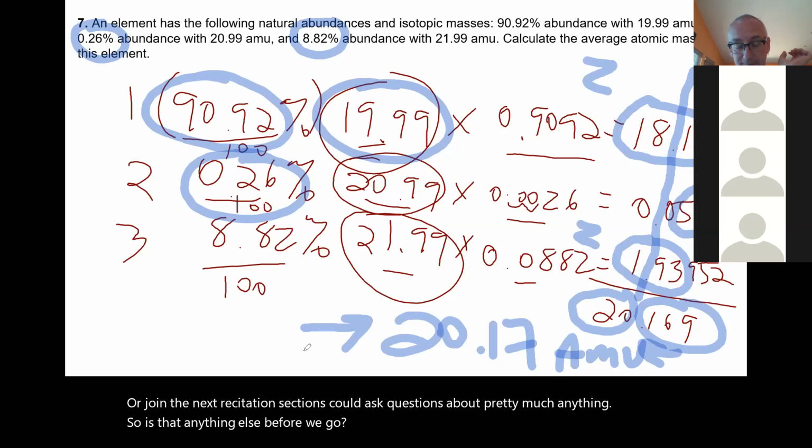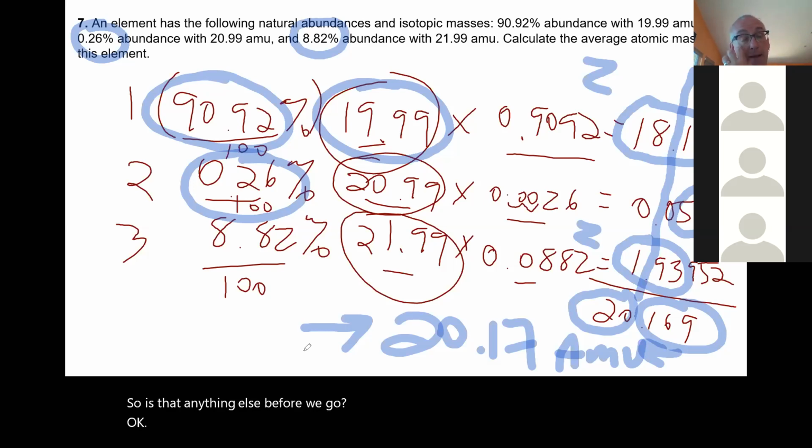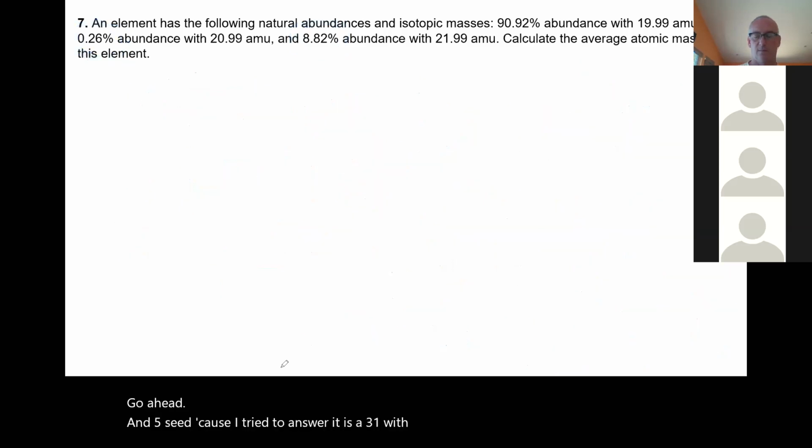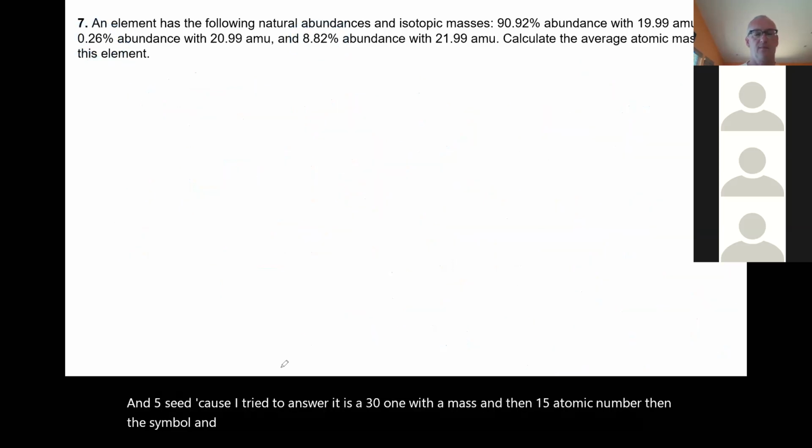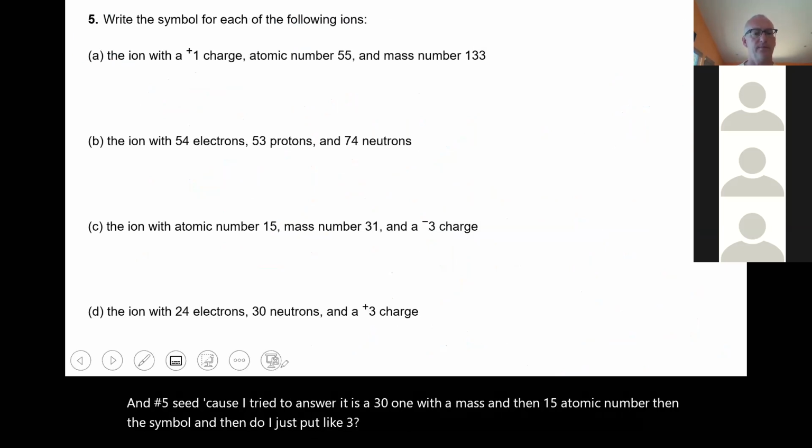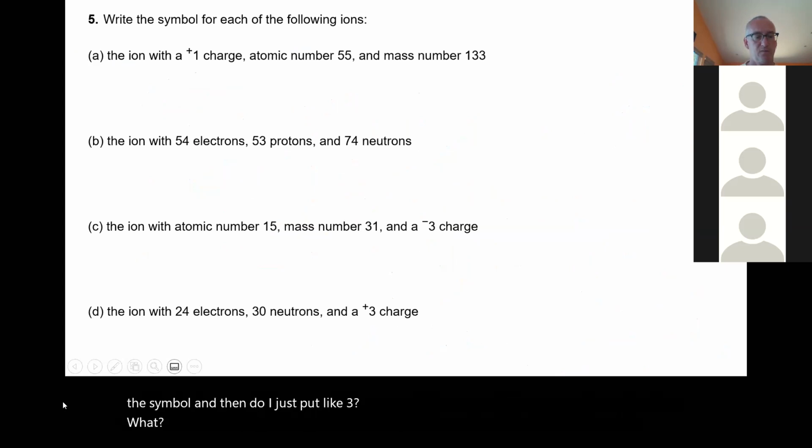Go ahead. Number 5C, because I tried to answer it, is it 31 with the mass, and then 15, the atomic number, and then the symbol, and then do I just put a 3 with a negative charge on the side? Number 5C? Yeah. Here we go. 5C.